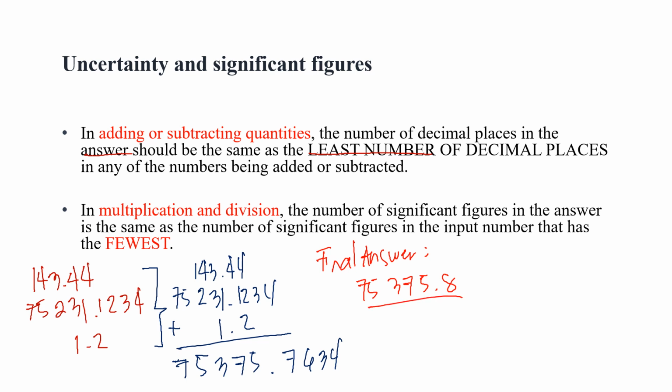Okay, this is our final answer. We just round off the number to the right of 7, which is 6, which is greater than 5, so we add 1 to the left. So we have 375.8. Now this is our final answer.